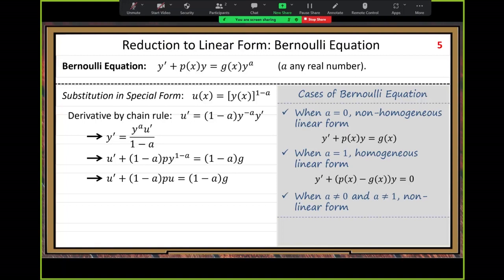At this point, we solve it. So that's the Bernoulli equation.